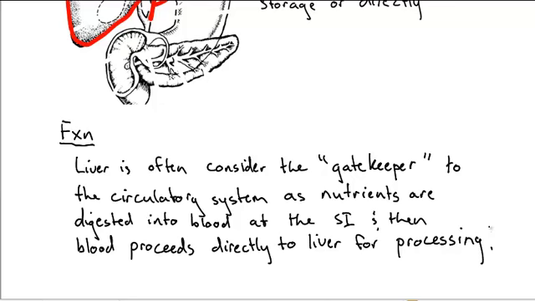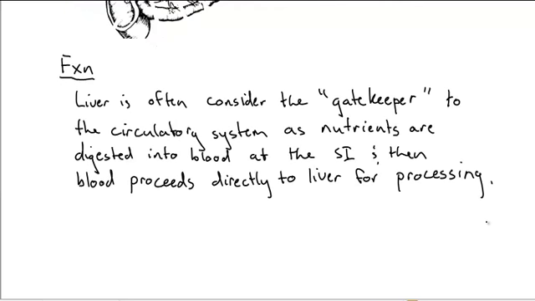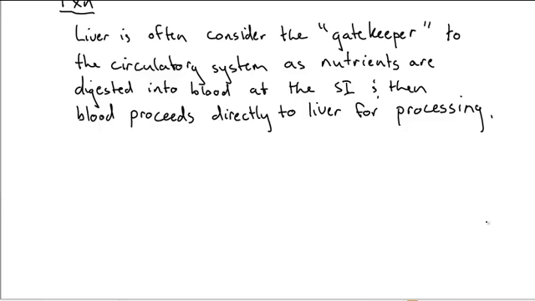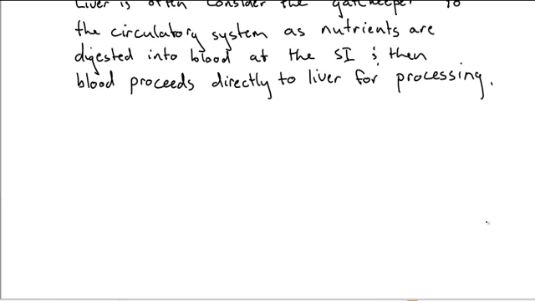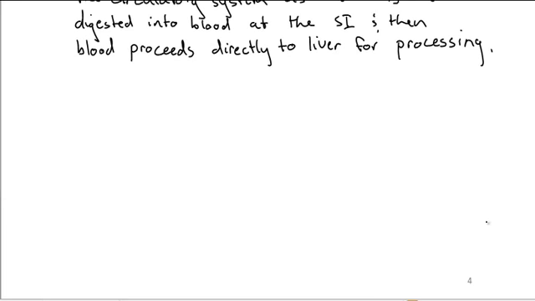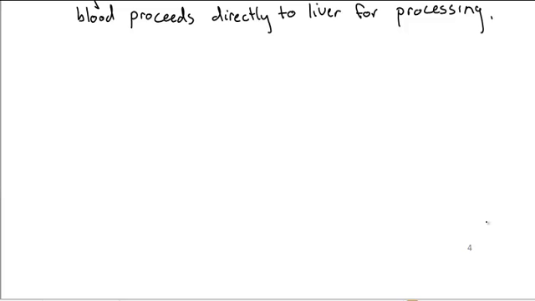And it's here in the liver that the blood will undergo several processes. So there's about 5 key functions with many steps to them.